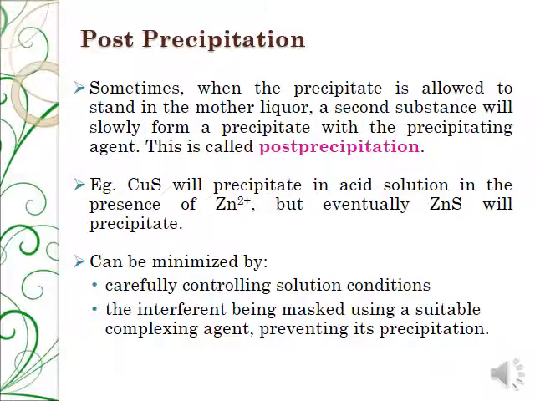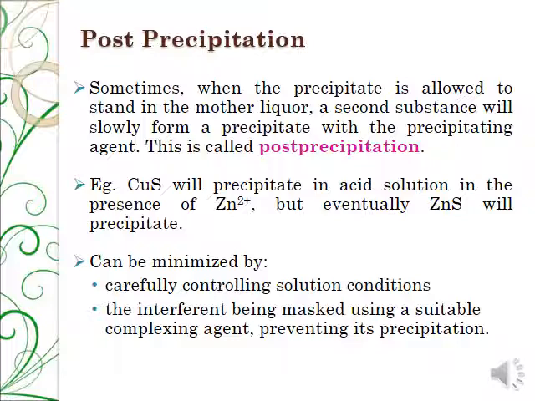The next type of impurities is post precipitation. Sometimes when the precipitate is allowed to stand in the mother liquor, a second substance will slowly form a precipitate with the precipitating agent. It means the digestion process is taking too long. If it is too long, it has the tendency of forming another precipitate, which is not the precipitate of interest.